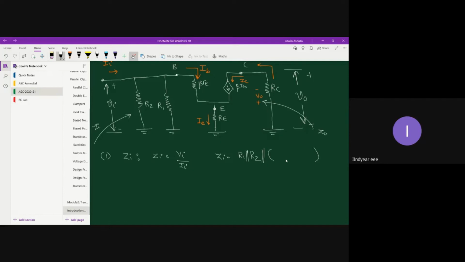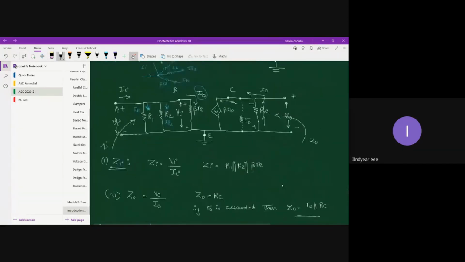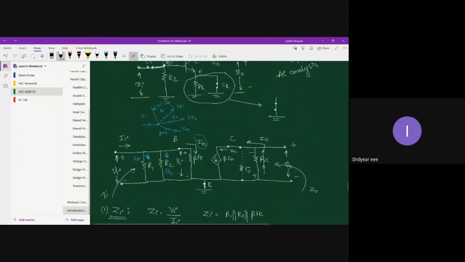In the previous section, that is with bypass capacitor, what we observed is that your emitter was directly held at ground potential, you see here. Hence, you could say that your Zi is nothing but the resistors which were connected across base and ground. So across base and ground, you have R1, R2, and beta Re.